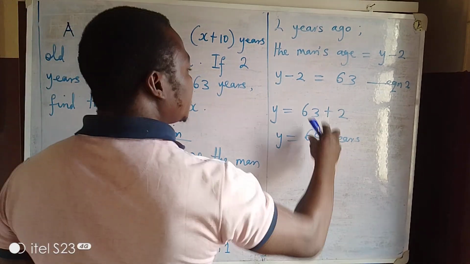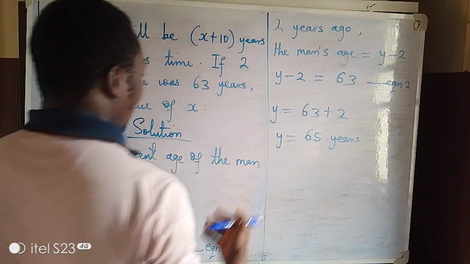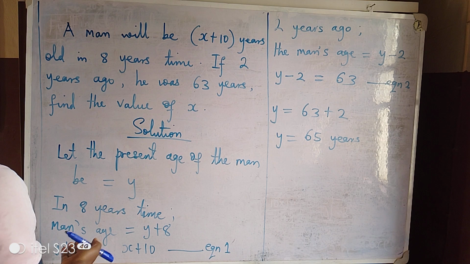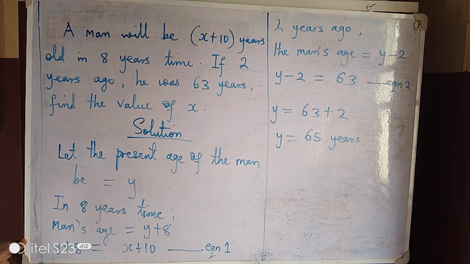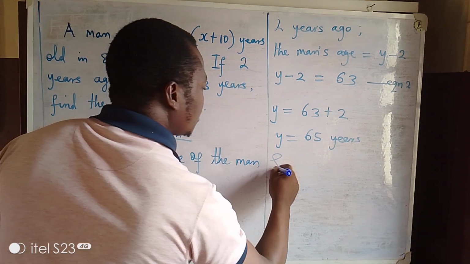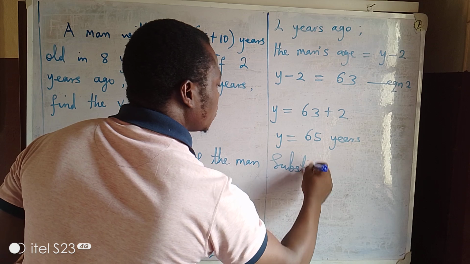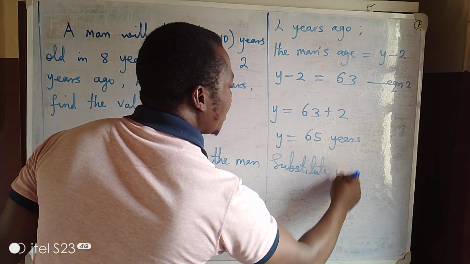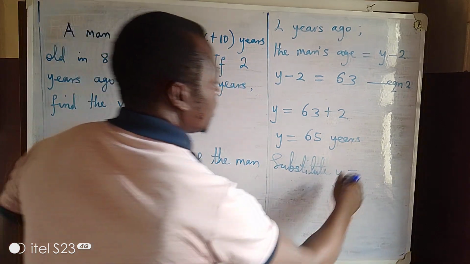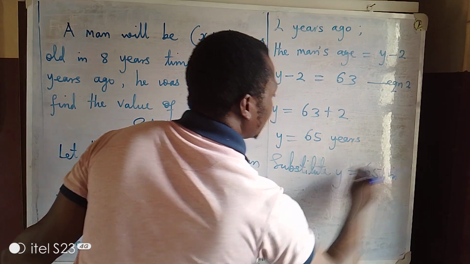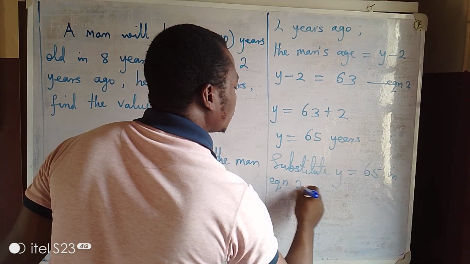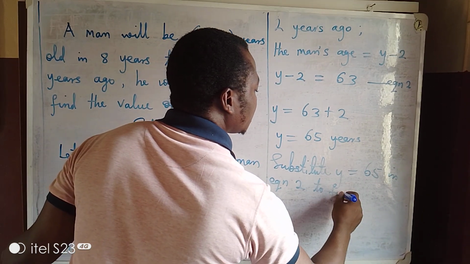So since we've gotten the value of y to be 65, we can easily substitute y and get x. Substitute y equals 65 in equation 1 to find x.